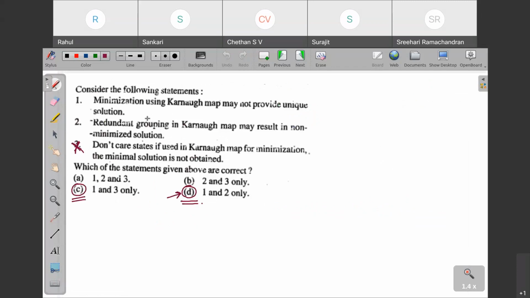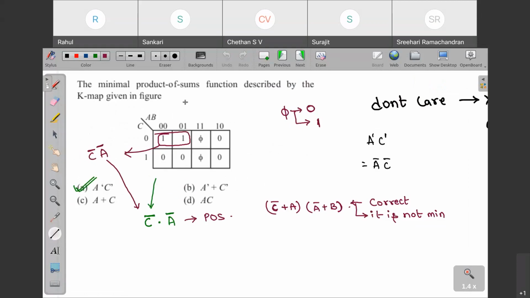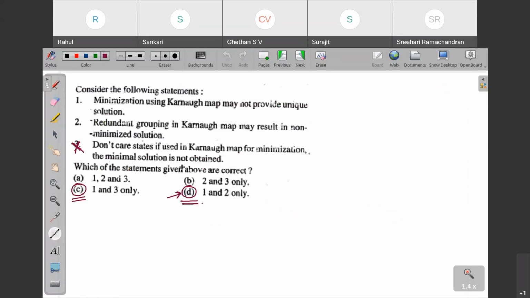Next is: redundant grouping in KMap may result in non-minimized solution. So what does this mean? I will make one more KMap over here very quickly. Let me make you understand what is this redundant.